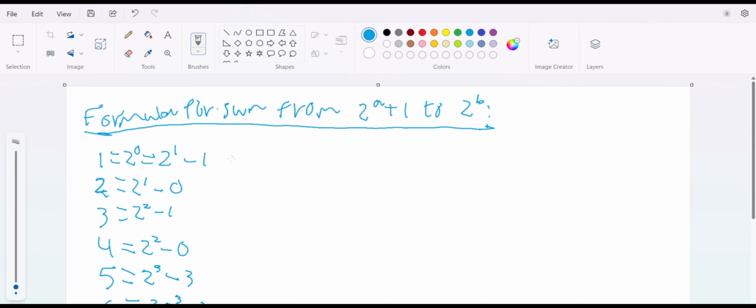Okay, so here, just observing the powers going from 1 to 0, we can see there are two numbers here, 1, 0. So two numbers, which is equal to 2 to the 1.